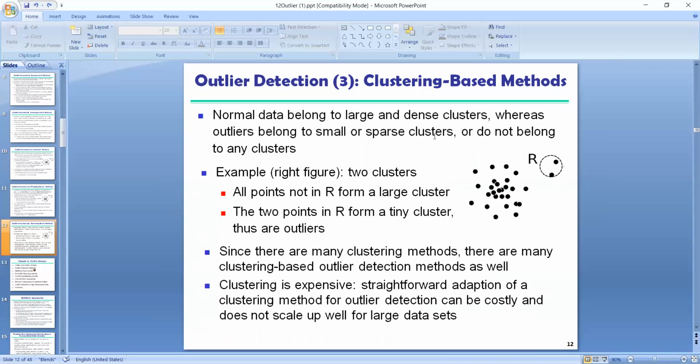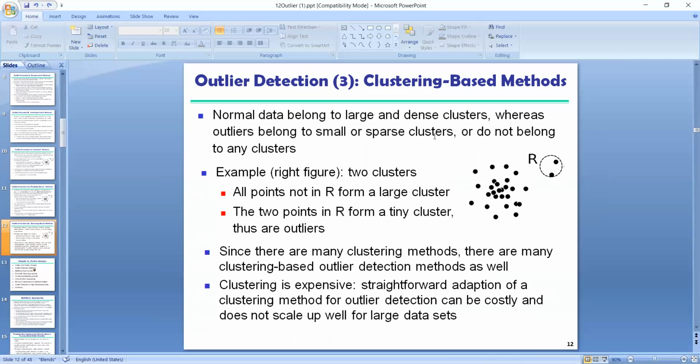And the next one is outlier detection based on clustering based methods. We had gone through different clustering based methods, like distance methods, partitioning methods, density based methods, etc. So based on clustering methods also we can find out whether it is an outlier or not.